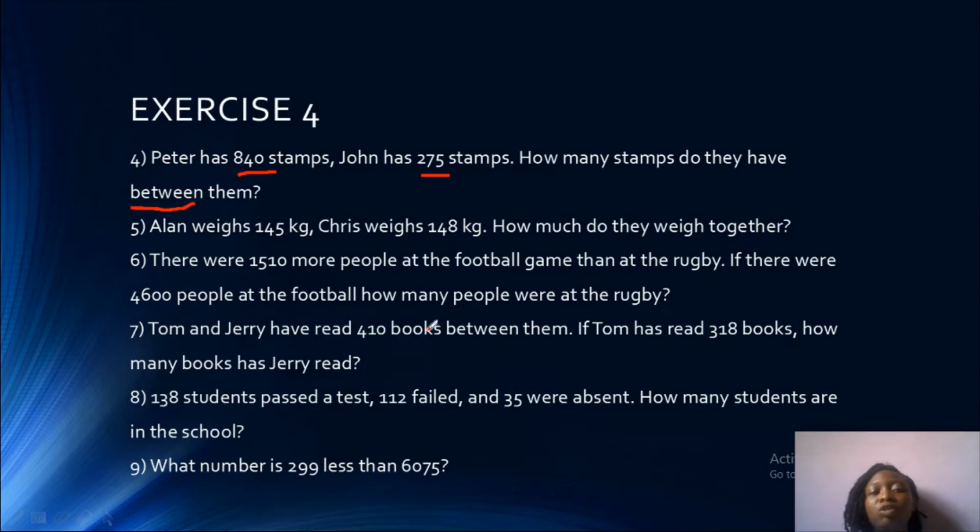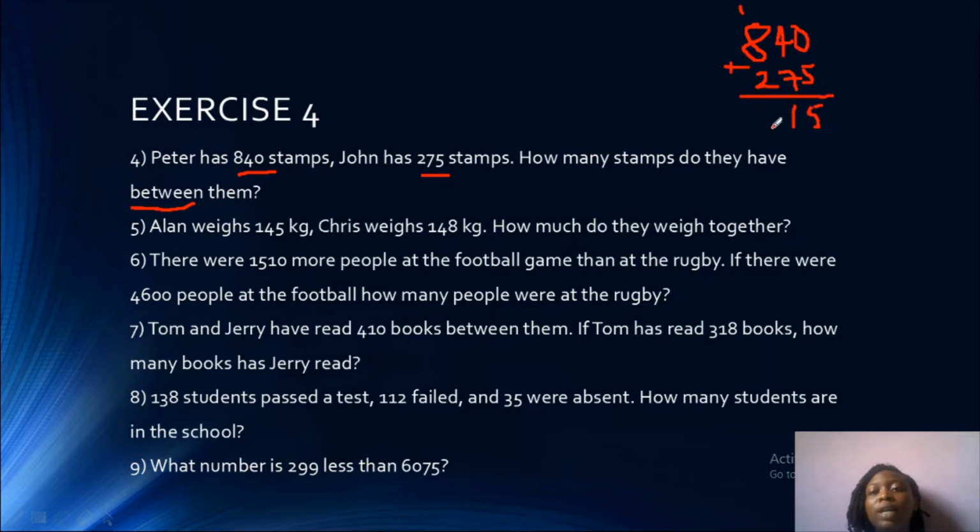So we just take Peter's stamps of 840 and take John's stamps of 275. Then we add. So this is addition. 0 plus 5 is 5. 4 plus 7 is 11.